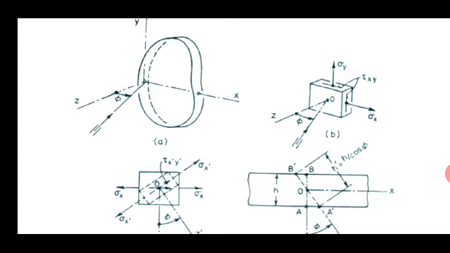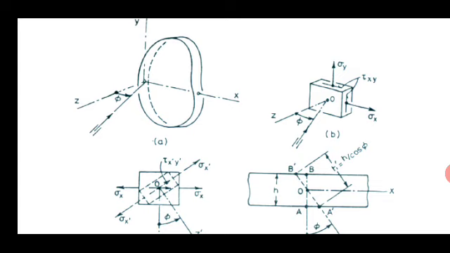For normal incidence along the z-axis, the stresses which cause the photoelastic effect are sigma x and sigma y. Then the principal stresses sigma 1 and sigma 2 correspond to these stresses.